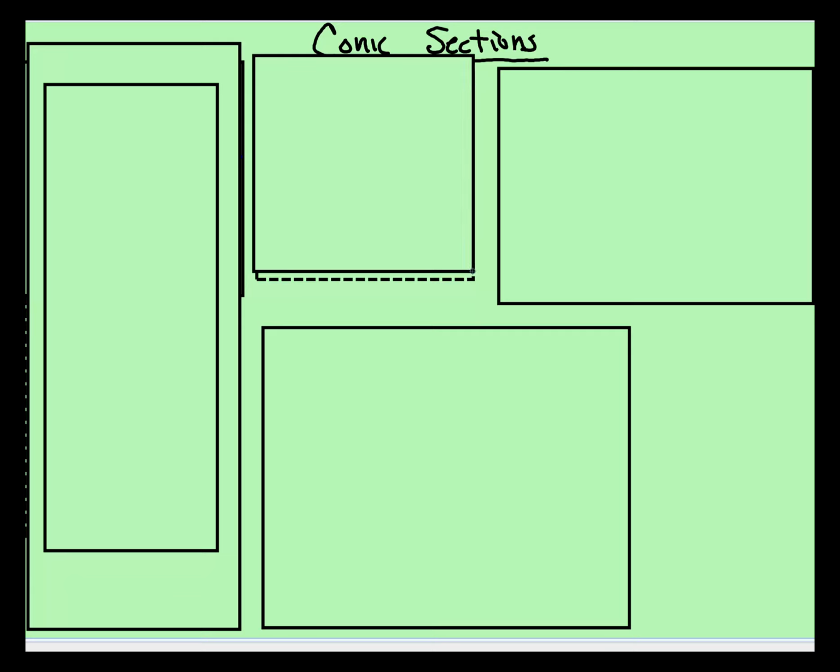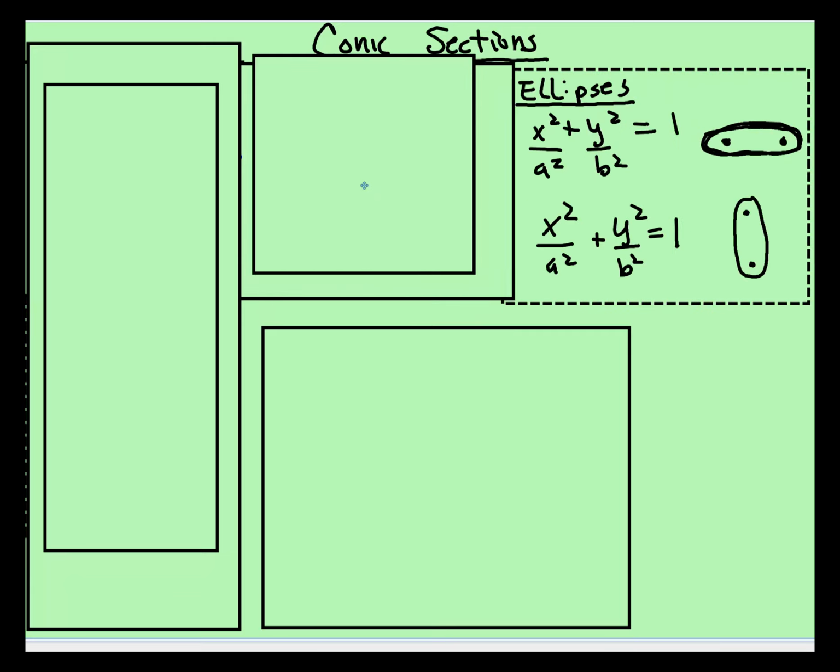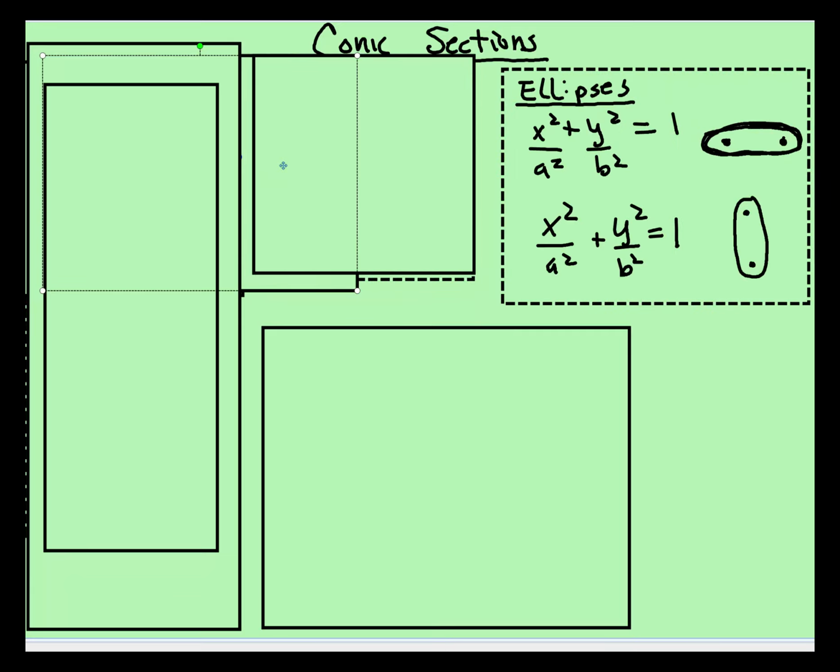Okay, the next type of conic section, ellipses. Now circles are a certain type of ellipse, but an ellipse is this elongated shape, and notice this dot and this dot, those would be the foci. Each one is a focus individually, and then since an ellipse has 2, we call them the foci.